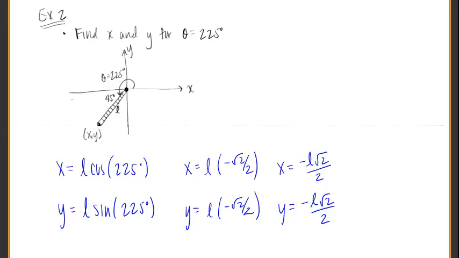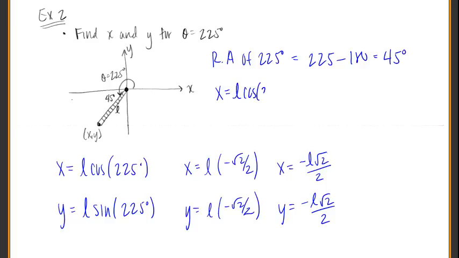Okay, and if I want to try this problem again using the reference angle rule, I'll write it out like this: reference angle of 225 degrees. Remember, in quadrant 3, the rule says 225 minus 180, so it's 45 degrees. In that case, x equals L times the cosine of 225, which is equal to negative L cosine of 45 degrees.